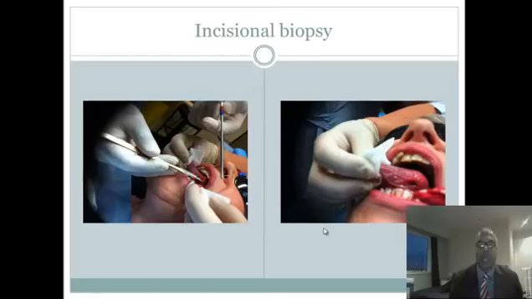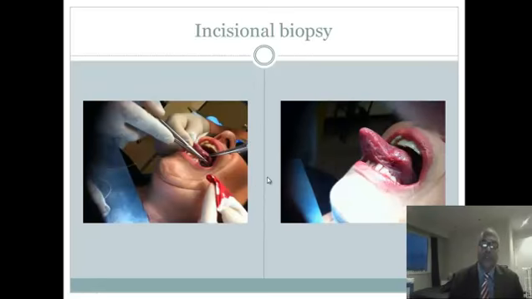Then I'll use the scalpel to make an elliptical area and take the biopsy. And this allows me to control that biopsy tissue without actually crushing it as you would if you were using a pair of toothed forceps. Then you suture the area up and you get reasonably good control.